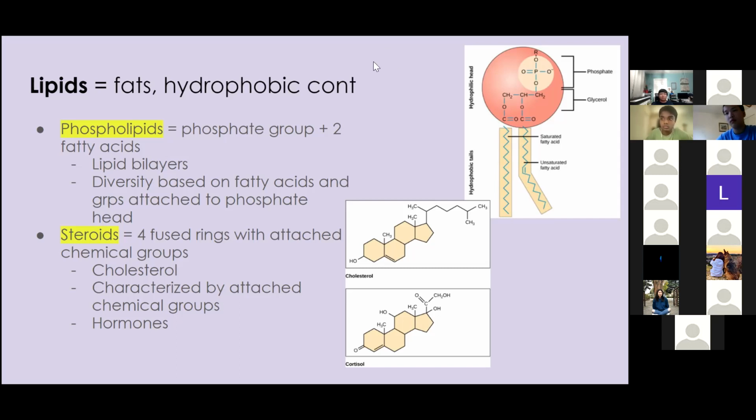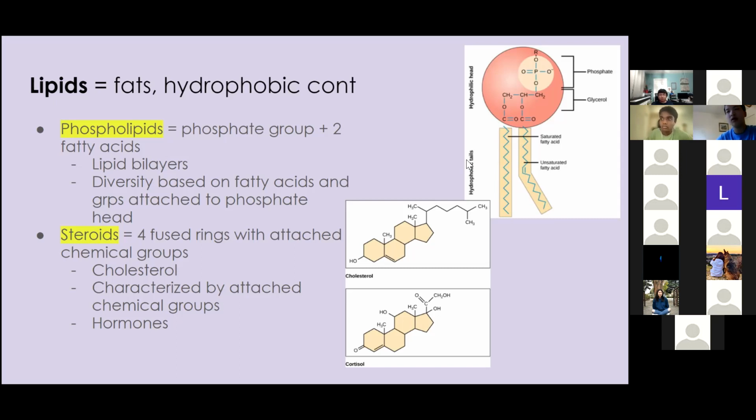The diversity of the phospholipids is due to the different types of groups attached to the phosphate head. So the main part of the phospholipid is the phosphate group, and then the two fatty acids are the ones that differ from phospholipid to phospholipid and create the diversity of phospholipids.